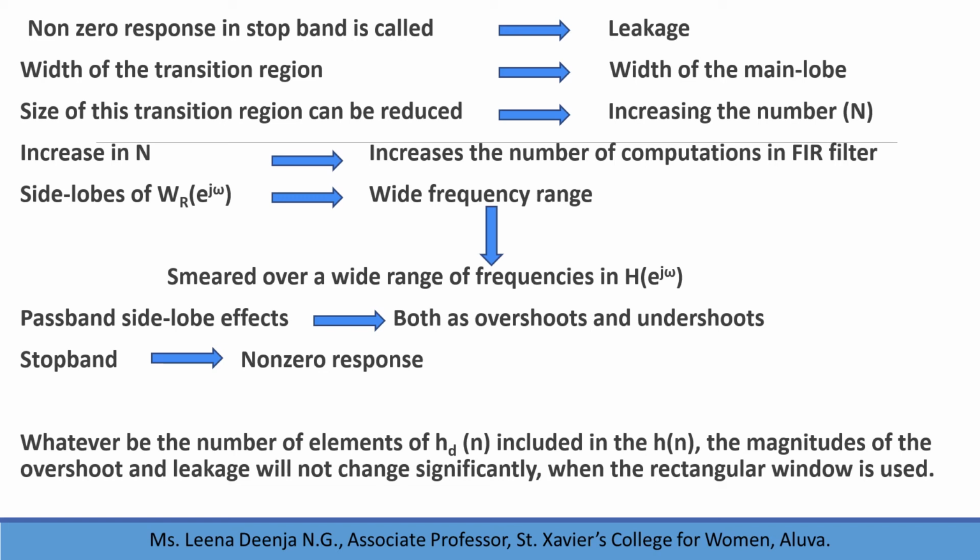The side lobe effects do not diminish significantly but remain almost constant as the duration of the rectangular window is increased. It is observed that whatever be the number of elements of HD of n included in H of n, the magnitude of the overshoot and the leakage will not change significantly. But we can change this using other types of windows.